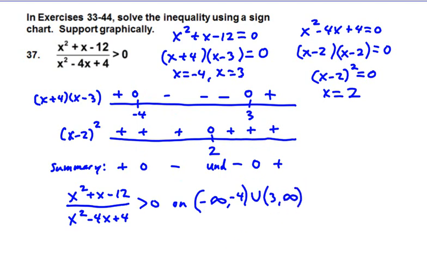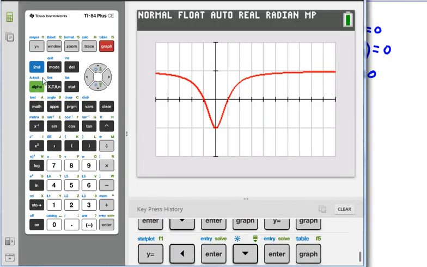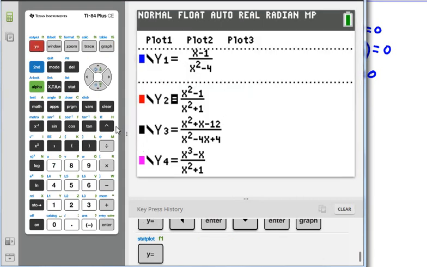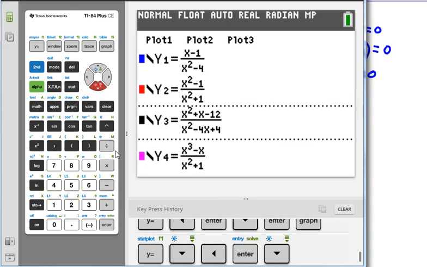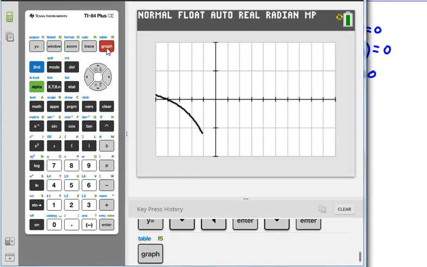And the last thing we're going to do is go to our calculator and check that out. Okay, we go over here, and yes, that third function there in black should show us here.